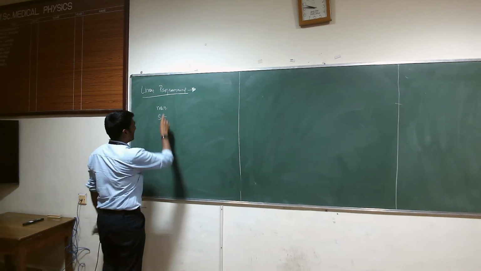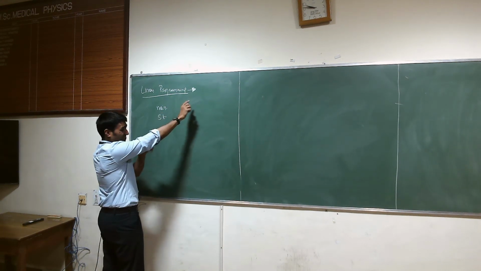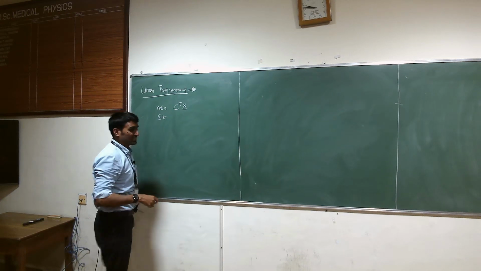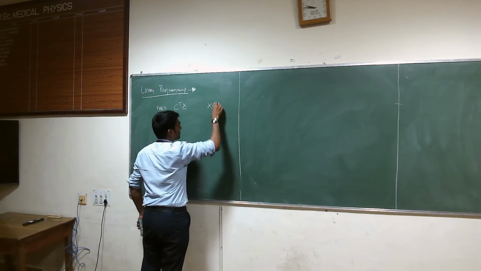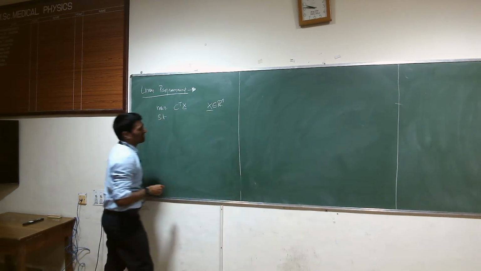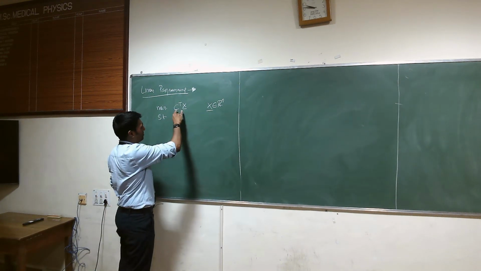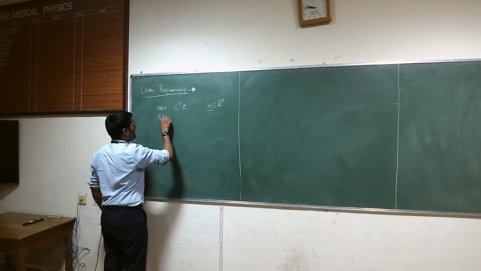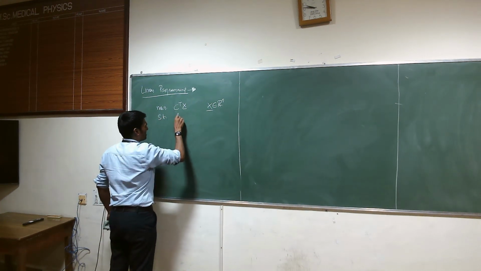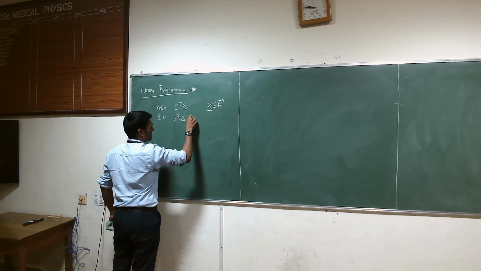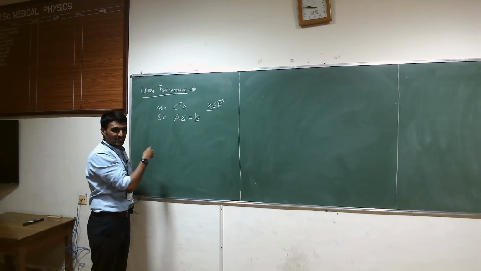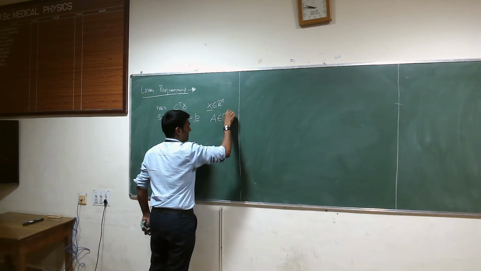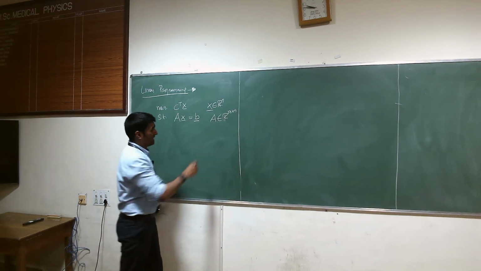Our f of x is a linear function, with c belonging to R^n. And there is a set of linear constraints, with A being M cross N, and b in R^M.